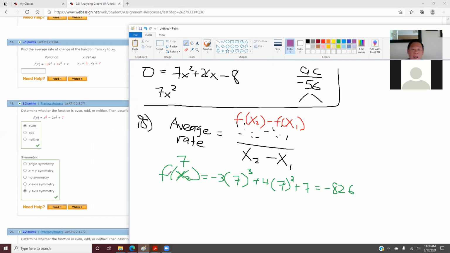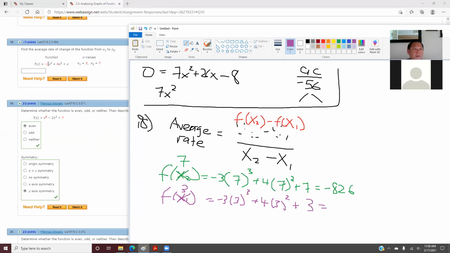Next you find f of x1. In this case, x1 is 3, so you just need to find f of 3. You replace all the x with 3 and figure out what this number is.